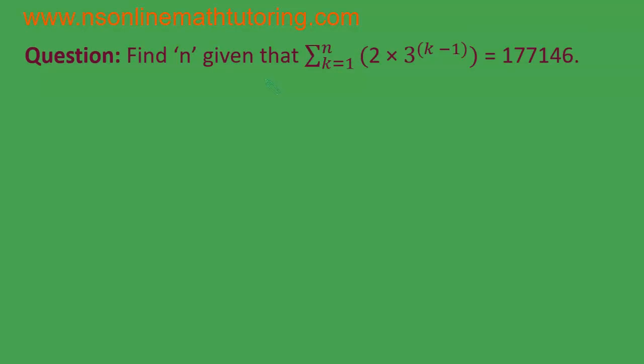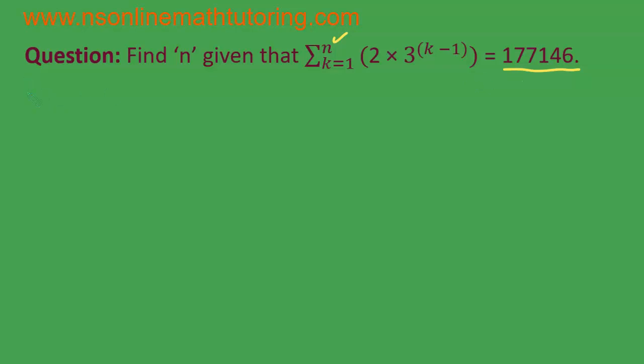Find n. This is the ending value of k, given that the summation of this series up to n terms is equal to 177146. First thing that we have to find out is what type of a series this is.